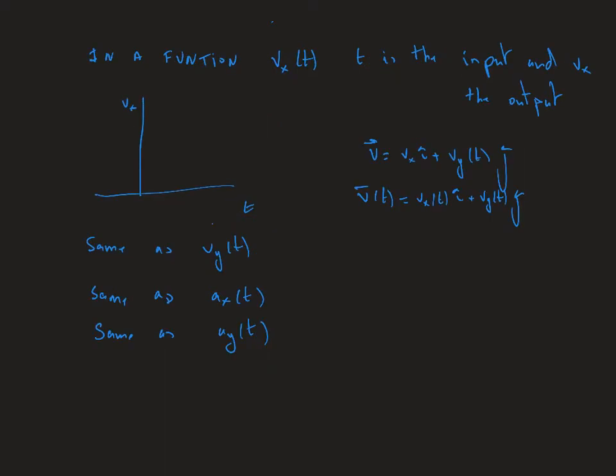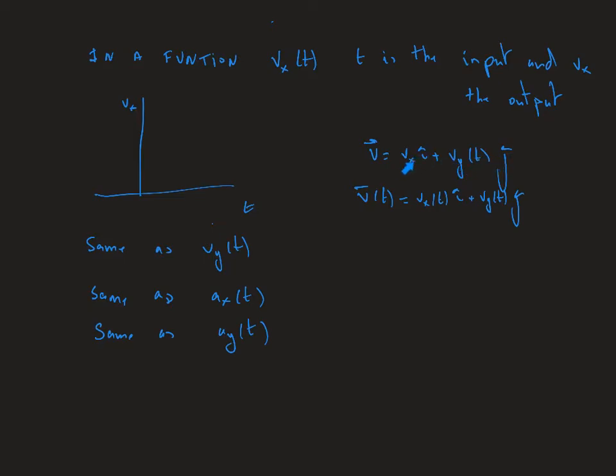So, for example, let's say a function of velocity. A velocity vector has two components, the component vx and the component vy. Normally we express the velocity vector as some quantity vx in the x direction, i, plus some quantity vy in the j direction.